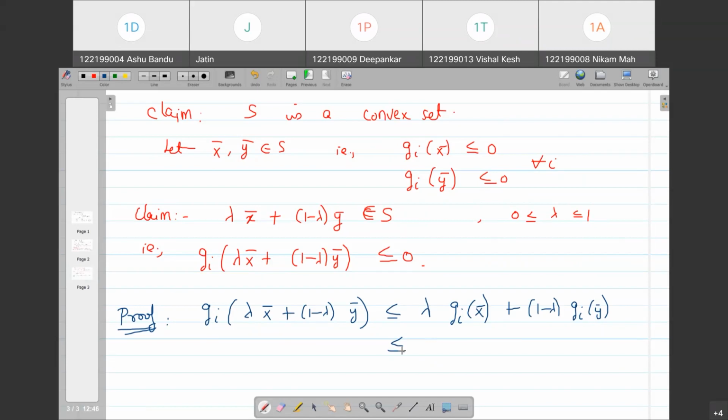Your lambda is positive and 1 minus lambda is also positive. Both are greater equal 0, because lambda is from 0 to 1. So they both are positive quantities. What about gi of x bar and gi of y bar? Are they positive or negative?